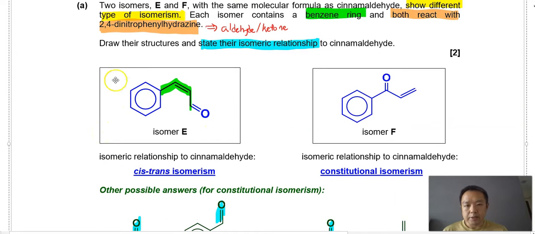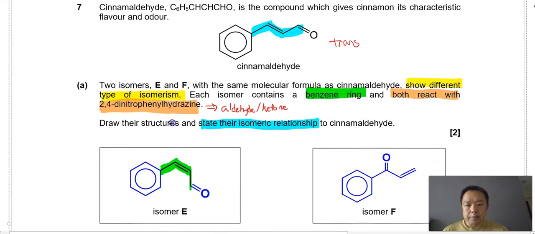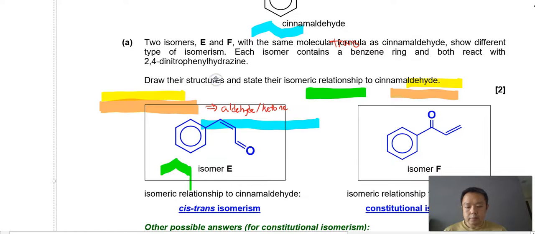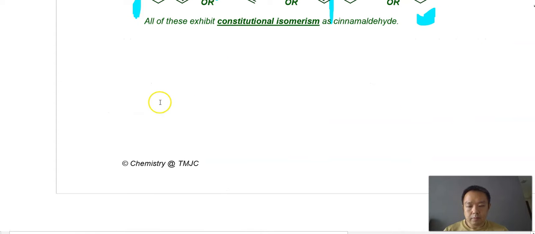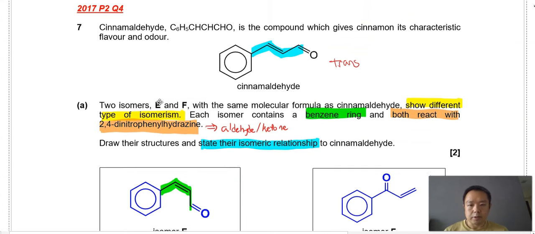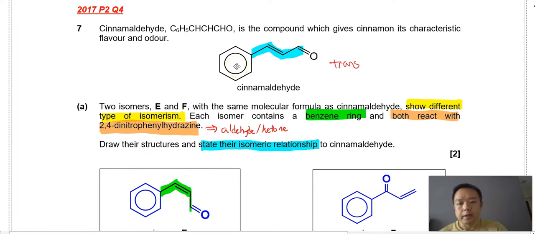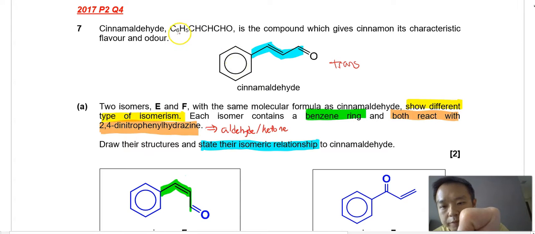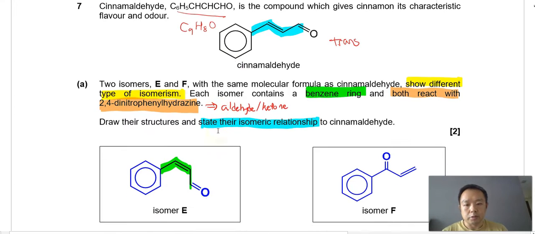They must have the same molecular formula as cinnamon aldehyde. If you check the molecular formula of cinnamon aldehyde, you have C9H8O in total, so you must have this molecular formula when you're proposing isomers.